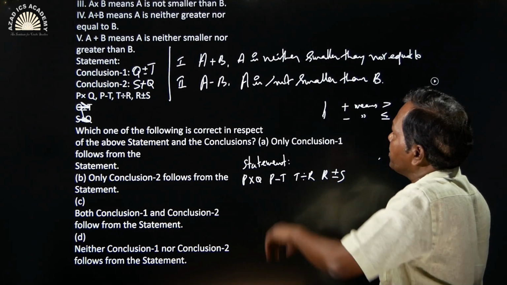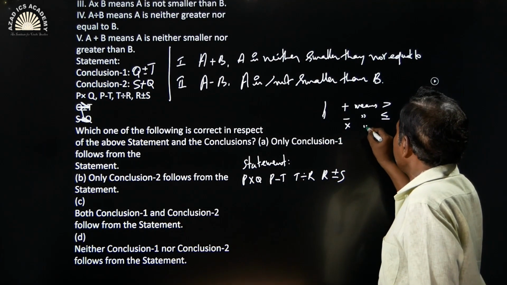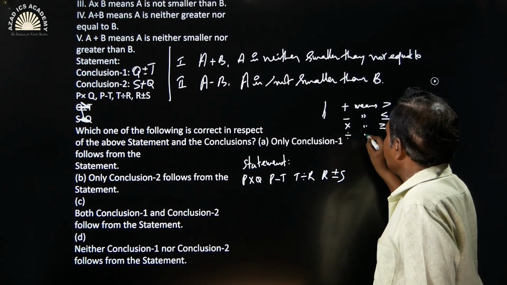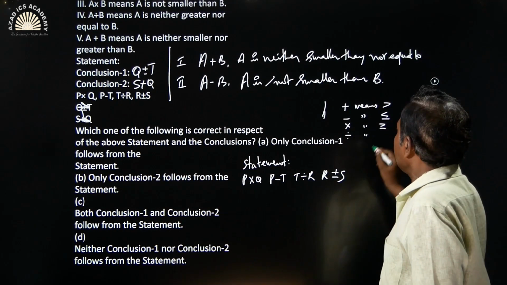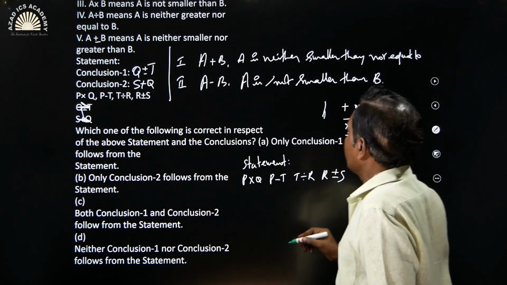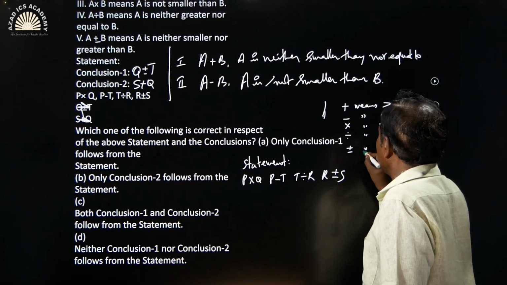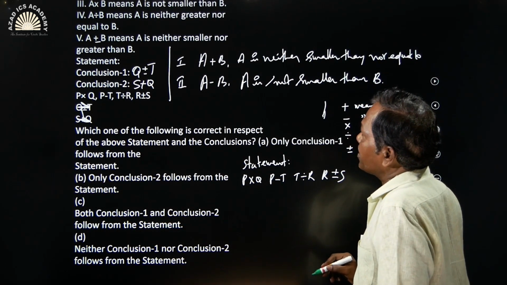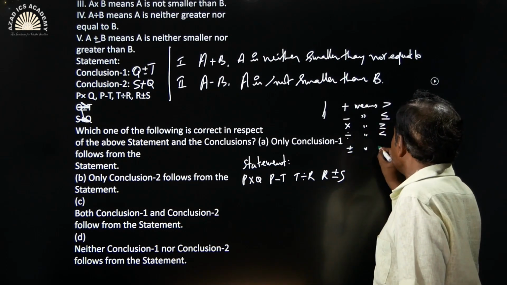Into means not smaller than, so into means greater than or equal to. Division means neither greater than nor equal to, which means less than. Plus minus means A is neither smaller than nor greater than, that is equal to.